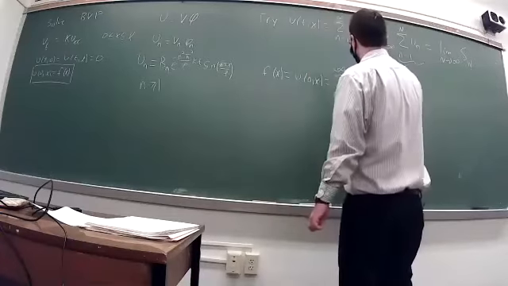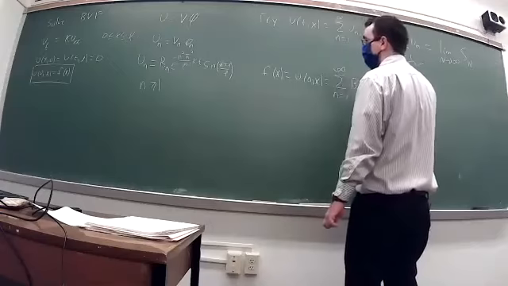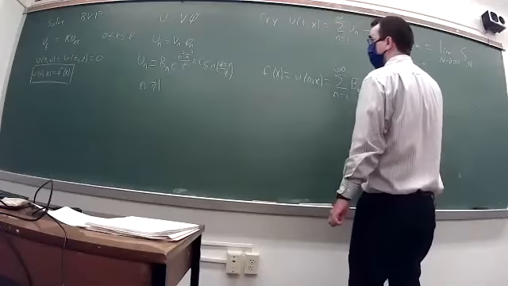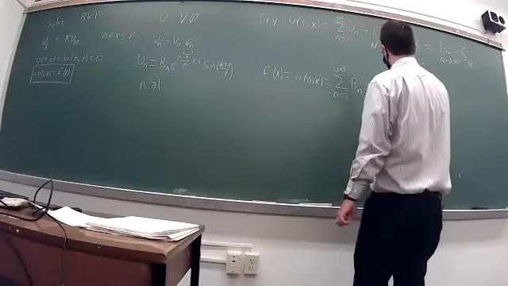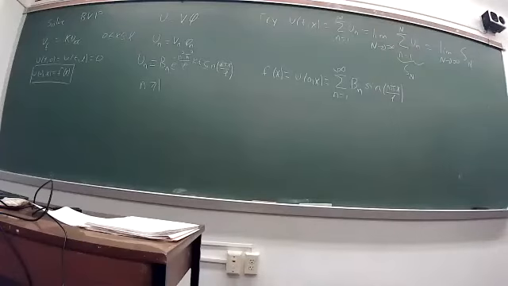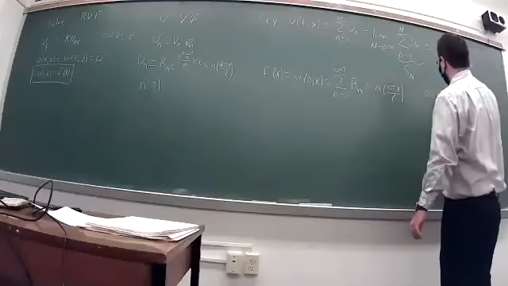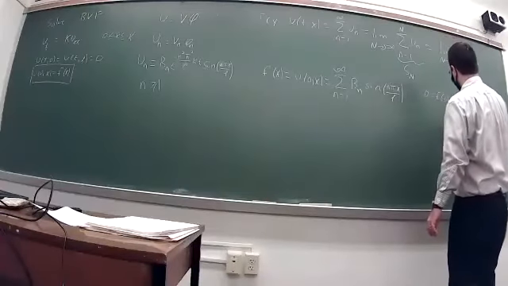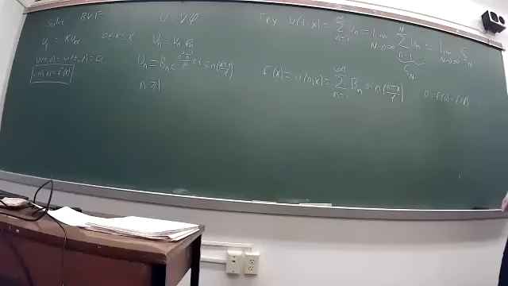Yeah, so you just get b sub n times sine of n pi x over L. And of course you have this condition that 0 equals f of 0 equals f of L. I mean, the endpoints are always held fixed.